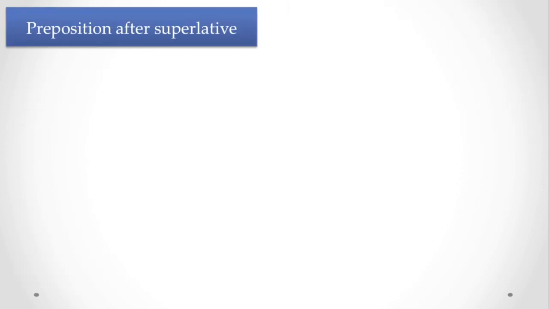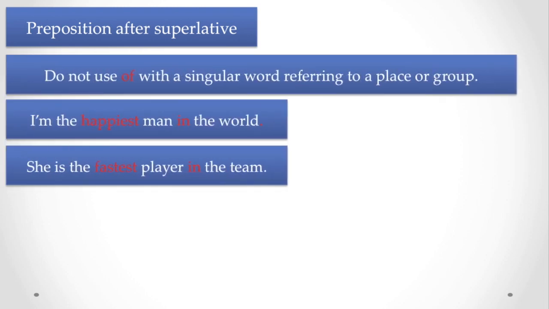Now, prepositions after superlatives. There is a problem of using prepositions after superlatives, and you have to know that there are some exceptional rules. What are they? Here, do not use of with a singular word referring to a place or group.